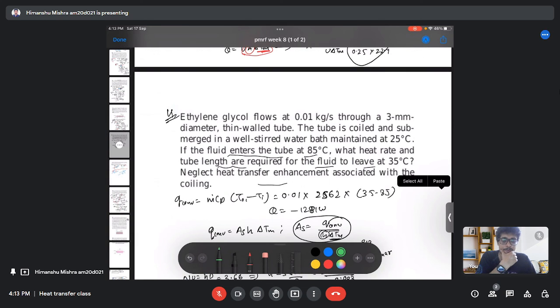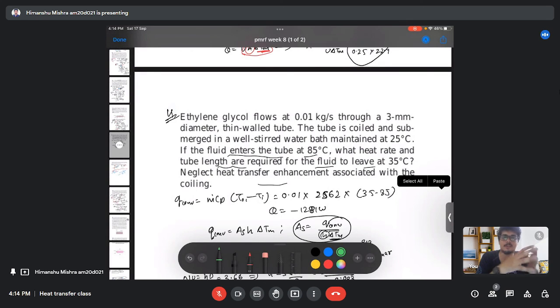The common thing is to find the heat transfer coefficient in both cases. Based on the Nusselt number correlation, you will decide whether the problem you are solving is free convection or forced convection. But the motivation is the same: from the Nusselt number, you find the heat transfer coefficient and then the heat transfer rate.